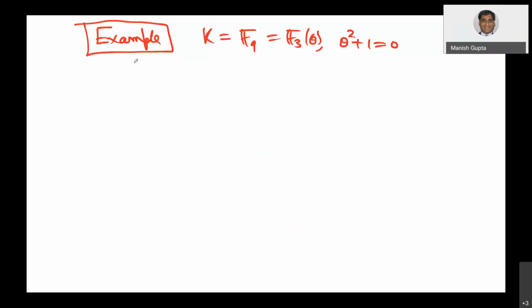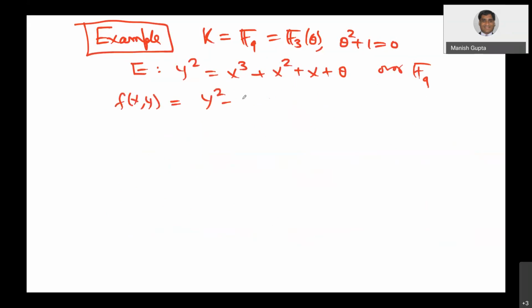So our curve is y square is equal to x cube plus x square plus x plus theta, over F9. So we write f(x, y) as y square minus (x cube plus x square plus x plus theta).